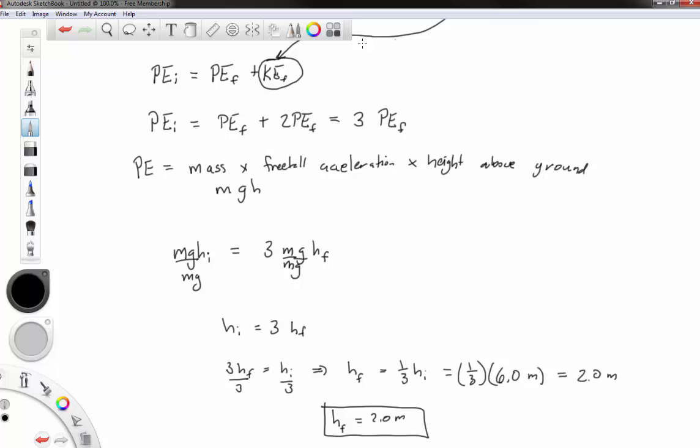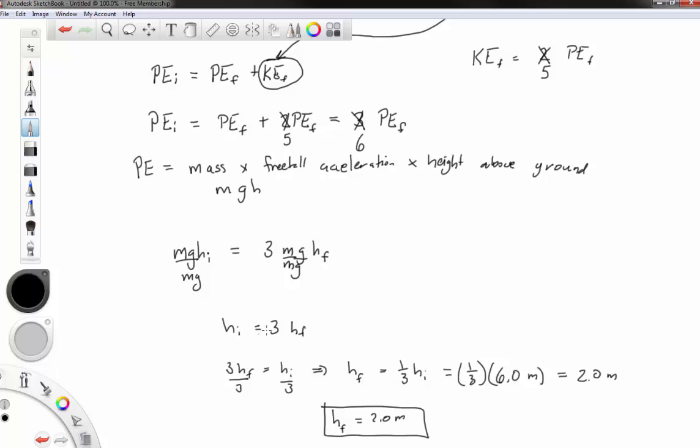Well, remember that the equation that was up here that was circled basically said kinetic energy final was equal to 2 times the potential energy final. Let's say that I wanted to solve for the kinetic energy final being 5 times the potential energy final. Well, then I would replace this 2 with a 5, and that means I would replace this 2 with a 5, and that means I would replace this 3 with a 6.